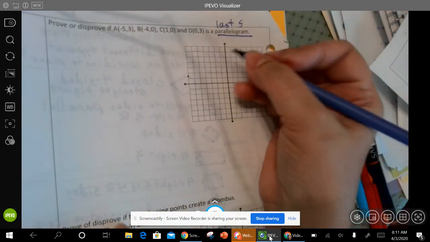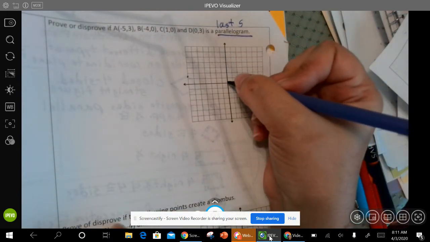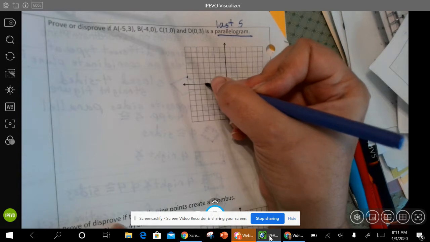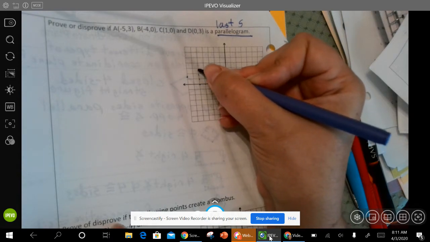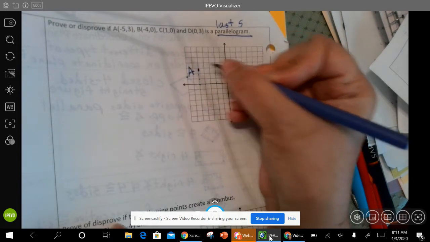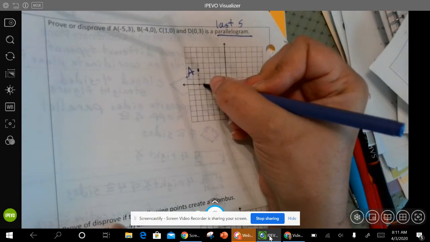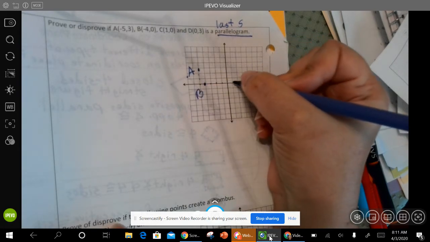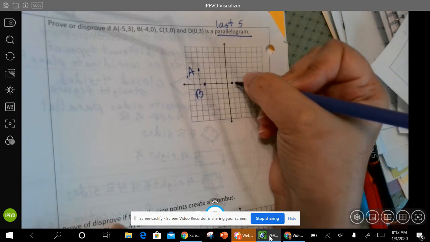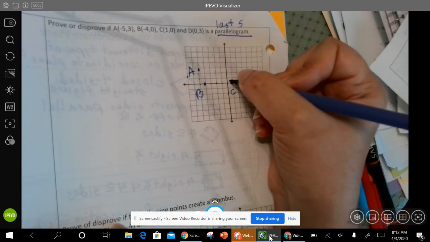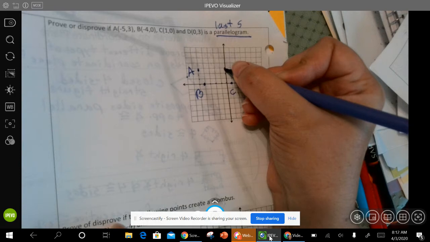I am still going to graph it. So I'm going to go over 1, 2, 3, 4, 5, up 1, 2, 3. And then B is going to be 1, 2, 3, 4. And then 1, 0 for C. And then 1, 2, 3 for D.